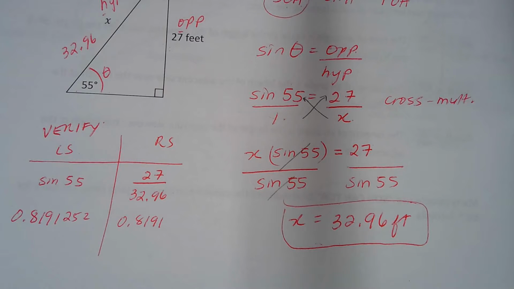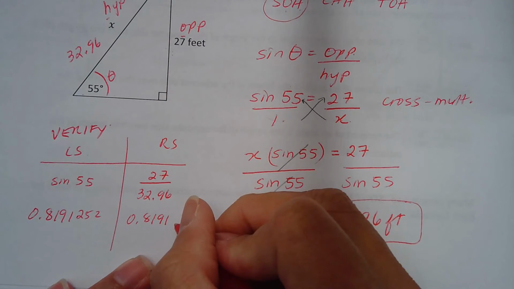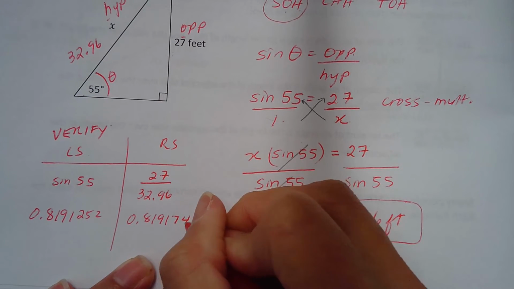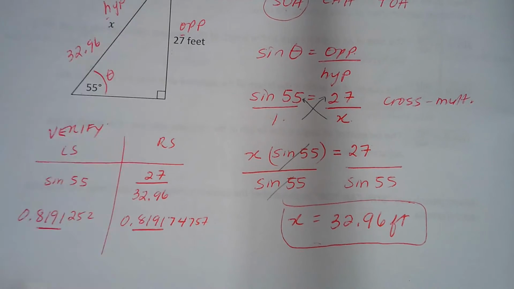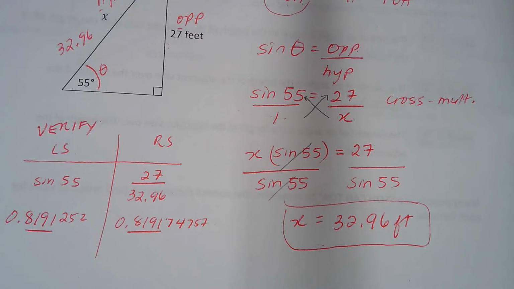You can see the first four digits are the same. They're almost the same. Why are they not exactly the same? Because we rounded this part off.